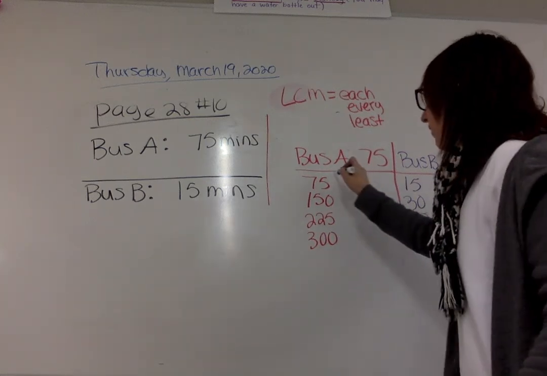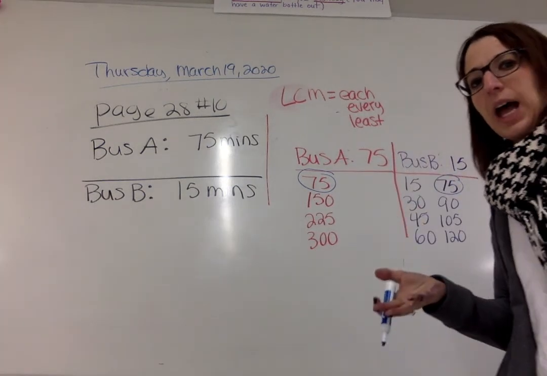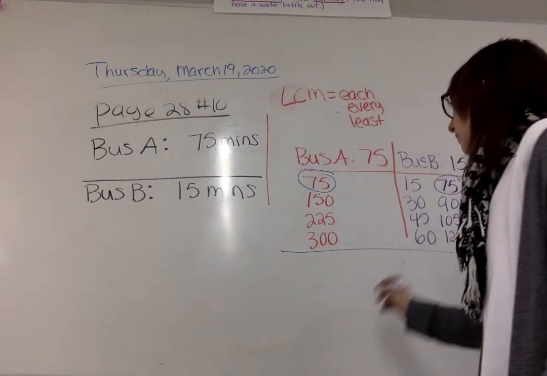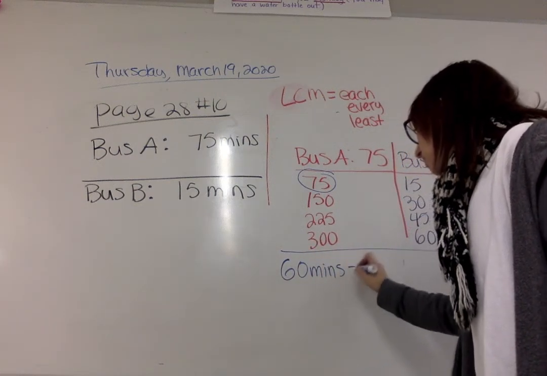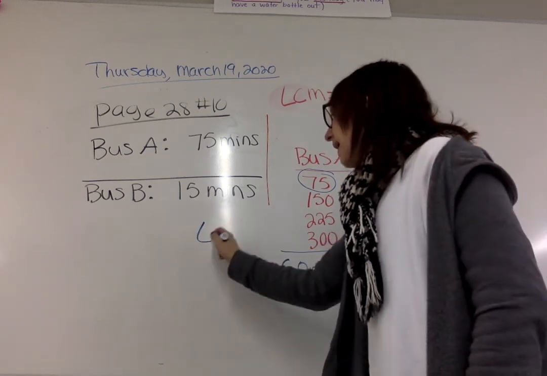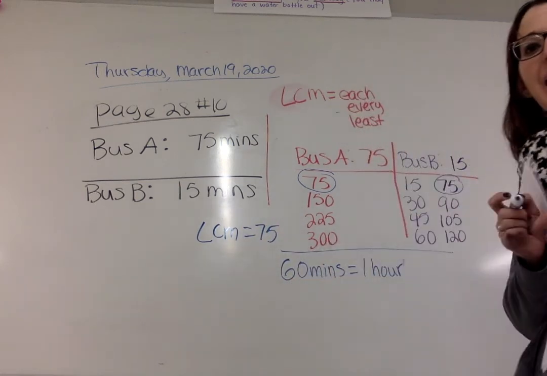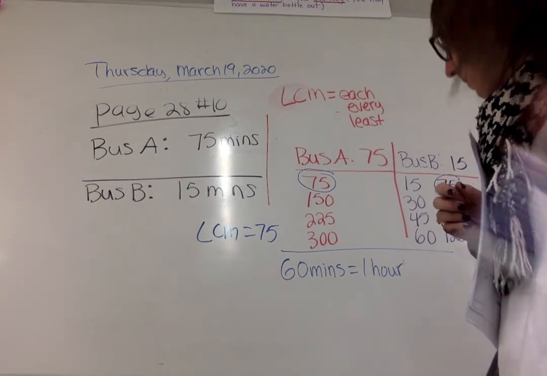We have to find out what's in common. They both share 75. But that 75 minutes now has to be converted into time. There are 60 minutes in an hour, so 60 minutes is equal to 1 hour. So I know that my LCM is in the next 75 minutes, both bus A and B will be together. Let's convert that into time.